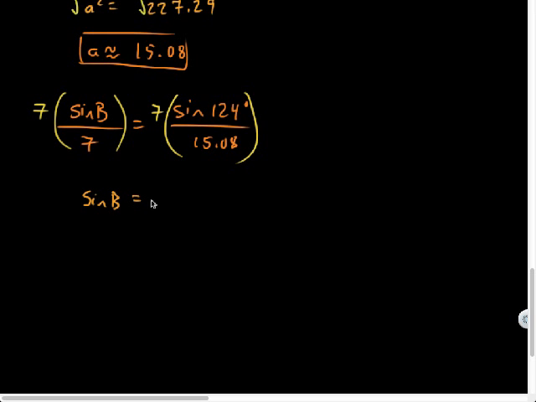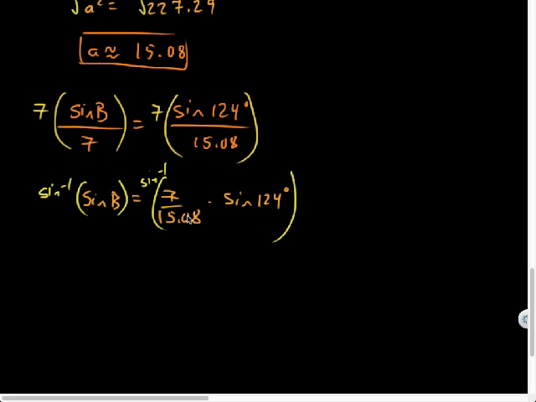So sine of B equals 7 over 15.08 multiplied by the sine of 124 degrees. And how do I get the angle by itself? Sine inverse. Everybody loves it. And sine inverse, we know that if I give sine inverse a ratio, it gives me what back?